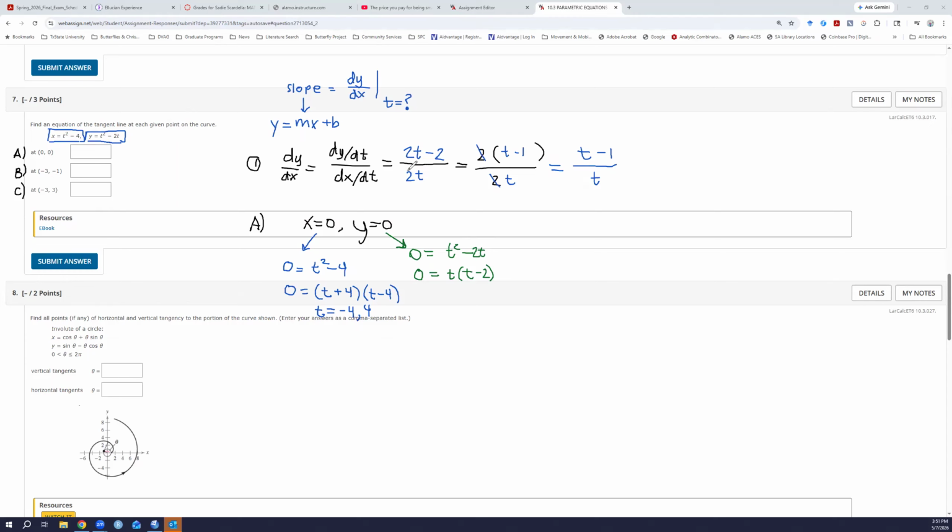Okay. So from there, if we use the zero product property, we have t is equal to 0 or t is equal to positive 2, which do not match the t values that we have over here. So how can we say that we're going to have some sort of consistent value for t that will generate that point (0, 0)? Let's think about this for a moment.